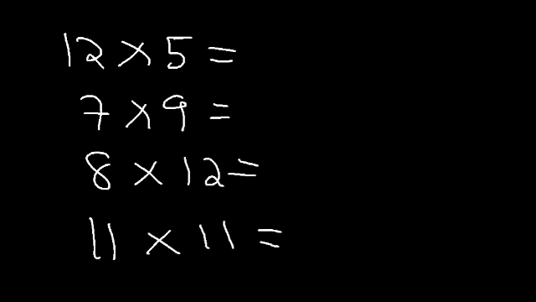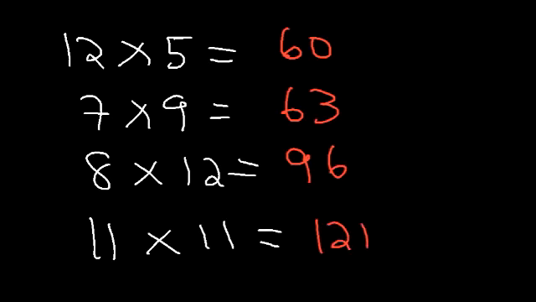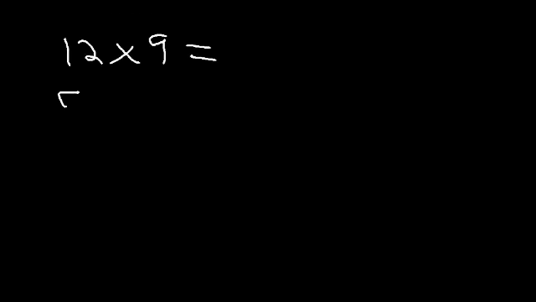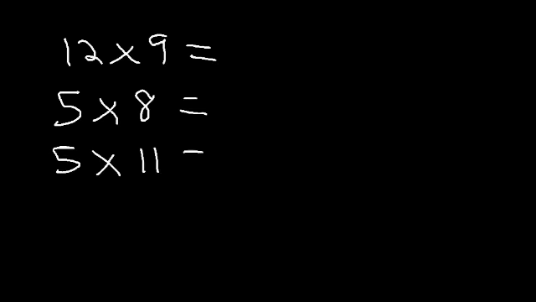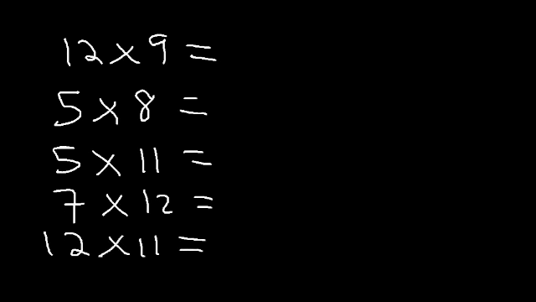So 12 times 5, that is equal to 60. 7 times 9 is 63. 8 times 12 is 96. And 11 times 11 is 121. Okay, let's try a few more problems. So what's 12 times 9, 5 times 8, 5 times 11, 7 times 12, 12 times 11, and finally 9 times 8.